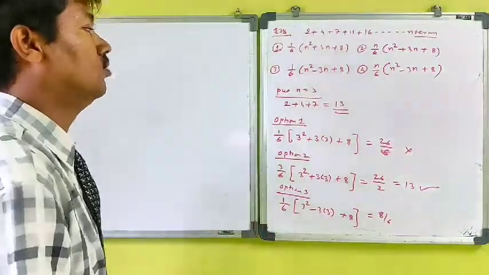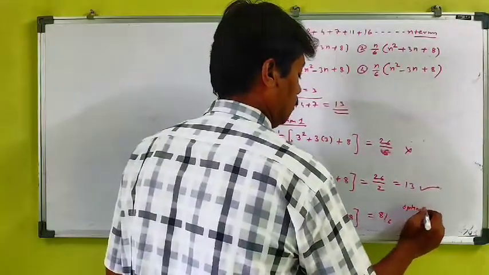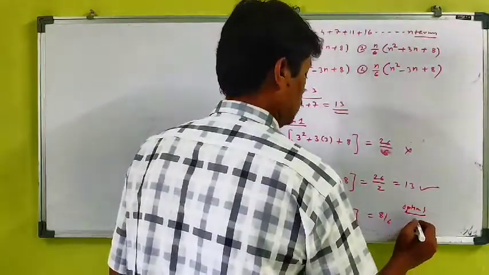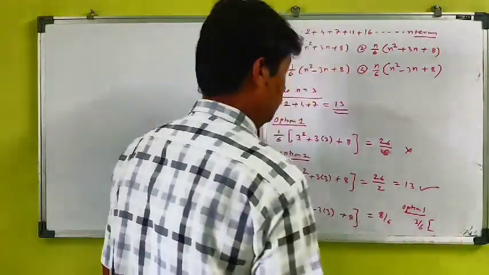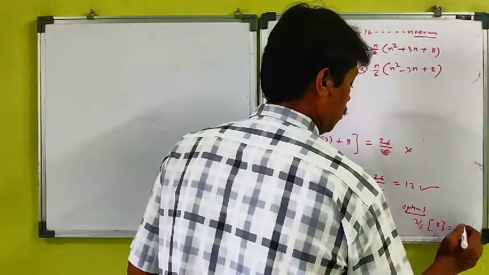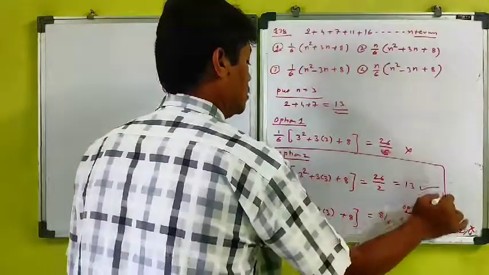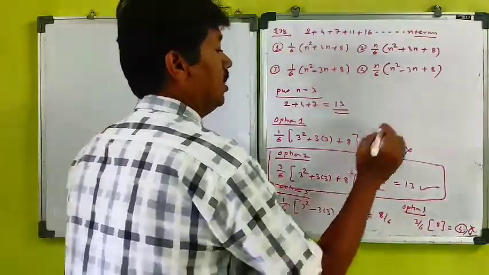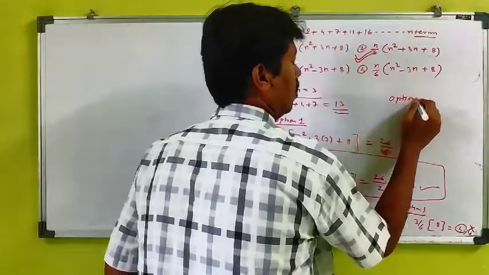Option 4 is also wrong because this would be 3 by 6 and the middle value will be 8. So it is 8 by 2, which is 4, which is again wrong. So the correct answer is only option 2.